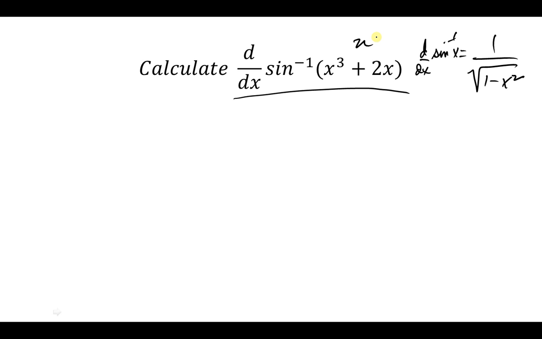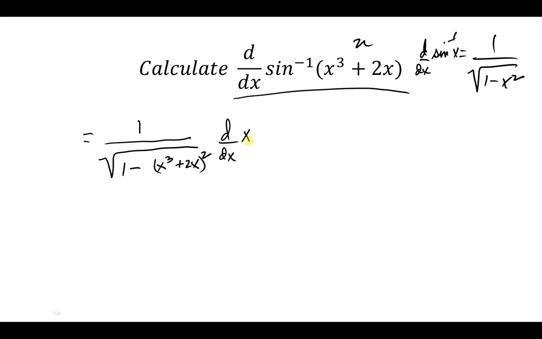So d/dx of inverse sine of x cubed plus 2x is going to be 1 divided by the square root of 1 minus u squared, which is going to be 1 minus (x cubed plus 2x) quantity squared, times, using the chain rule, d/dx of x cubed plus 2x.